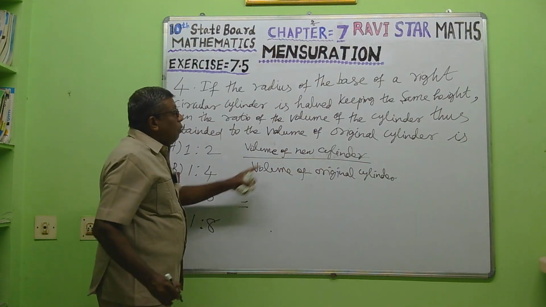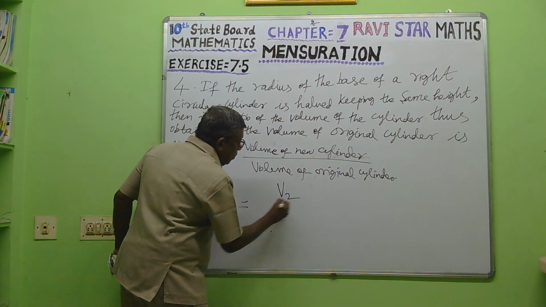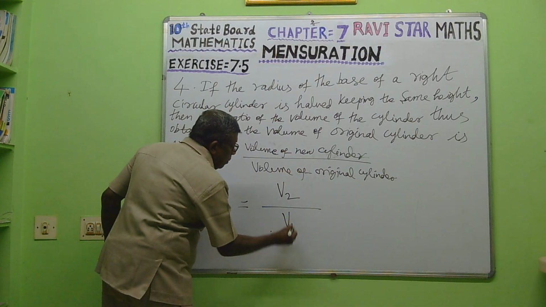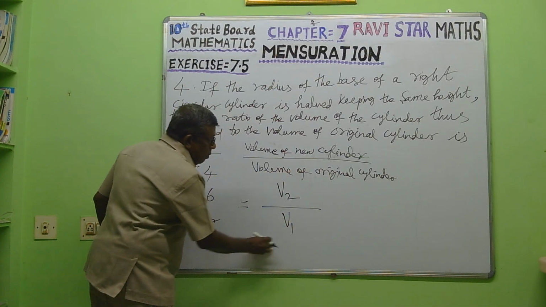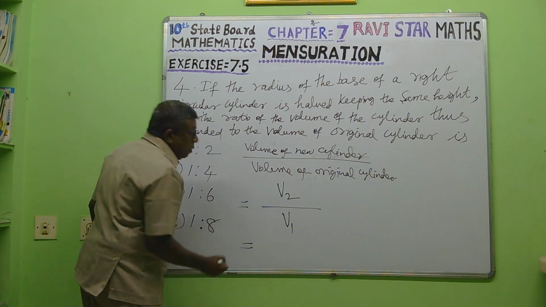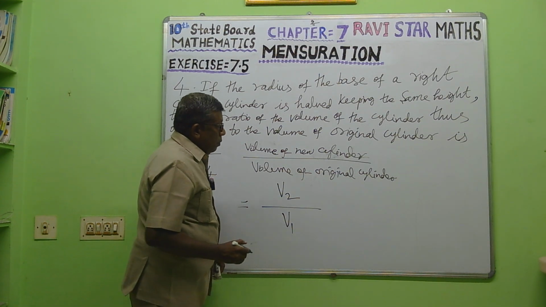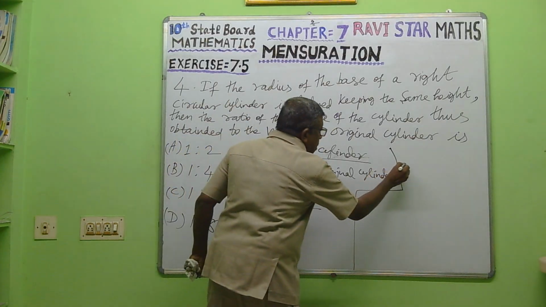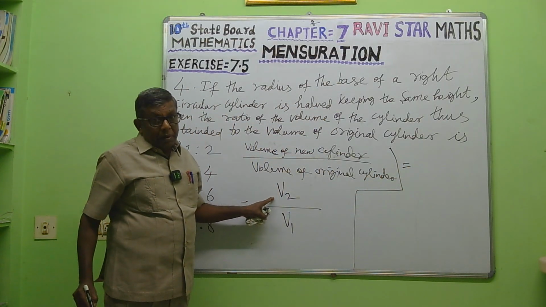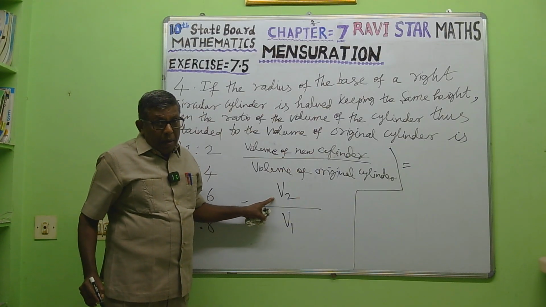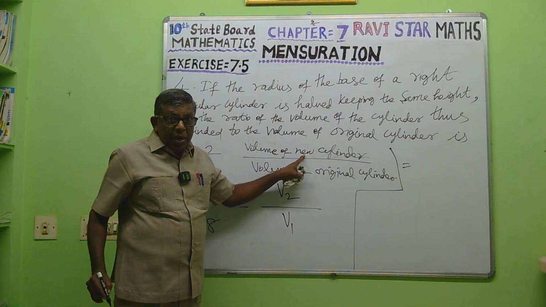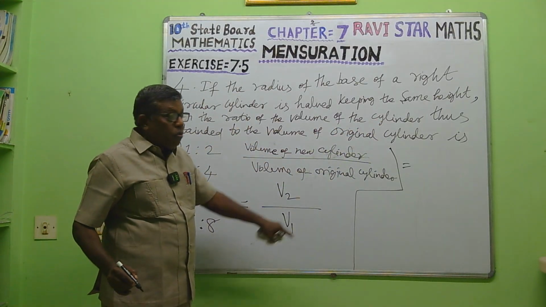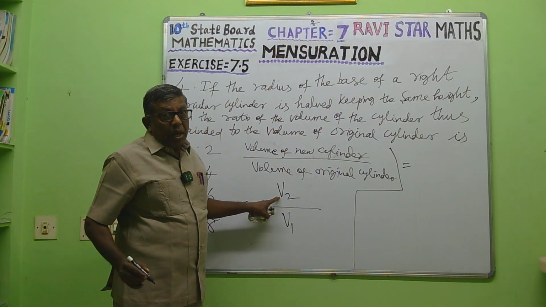Which is equal to, volume of new cylinder is V2, volume of original cylinder is V1. Formula: volume of cylinder என்ன formula?